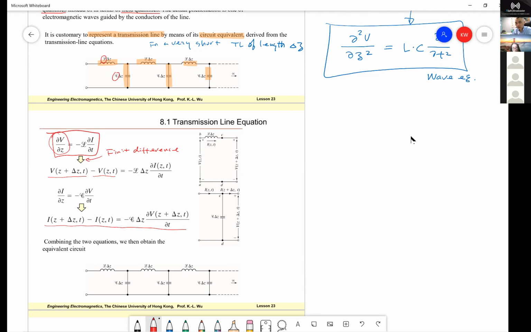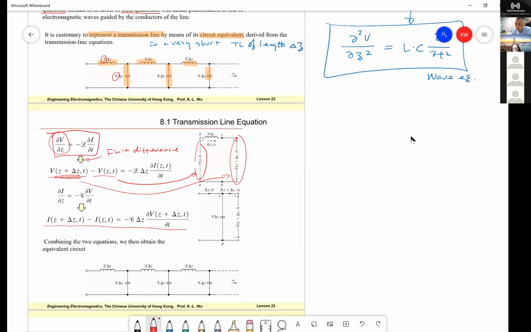Then on the left hand side, this is the voltage at the location of Z plus delta Z, right? And we have this voltage by this.